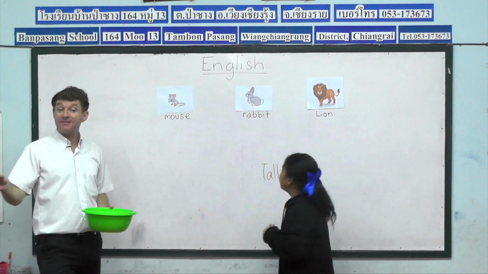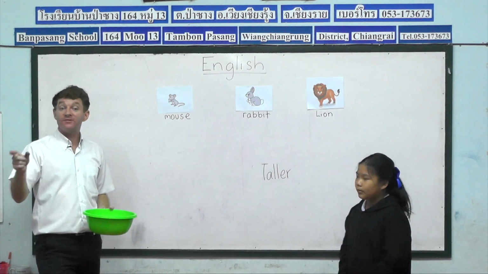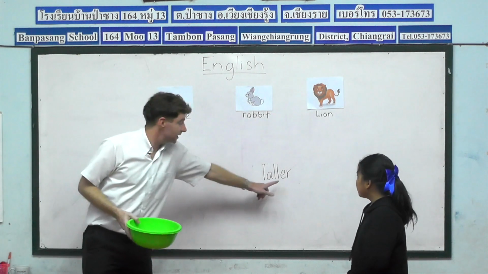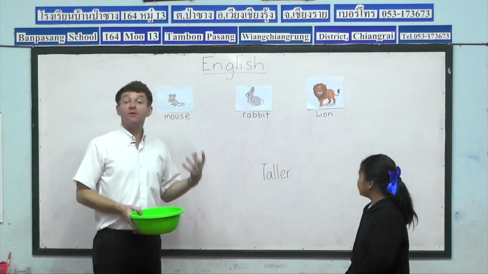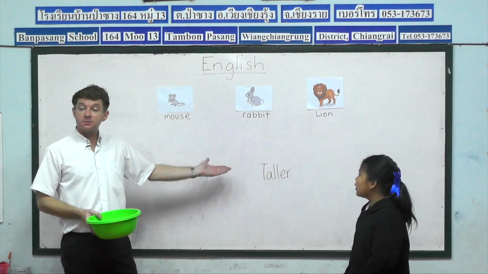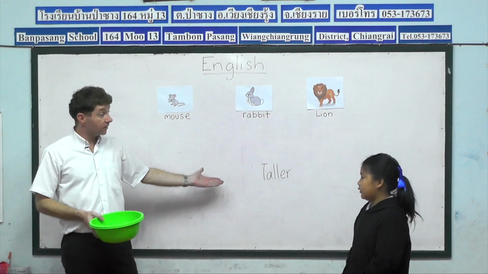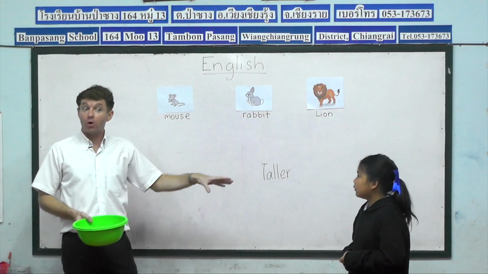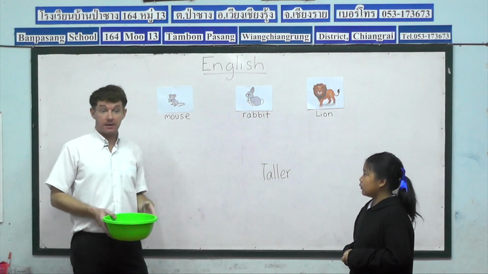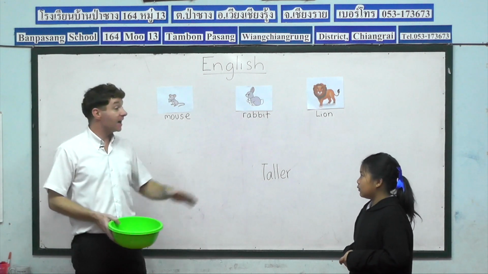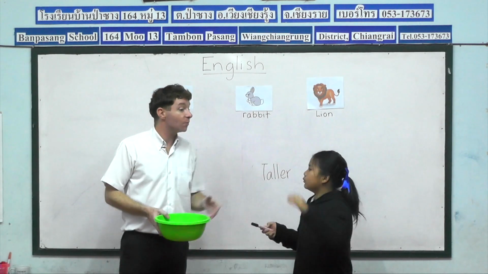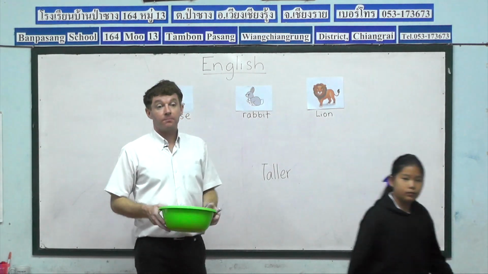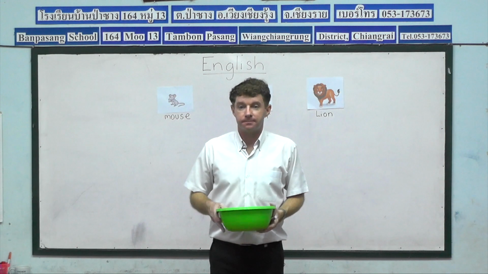For the adjective tall, we simply add the letters E-R. So tall becomes taller. Like we could say, the giraffe is taller than the monkey. Okay? So high five. That was excellent, Lakau. Well done. Big round of applause for Lakau.